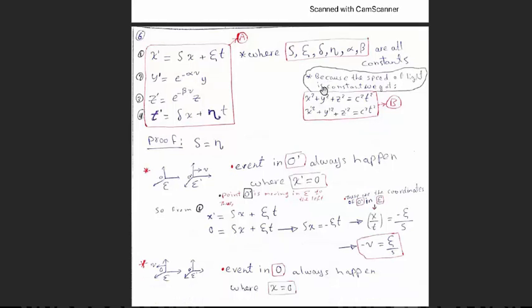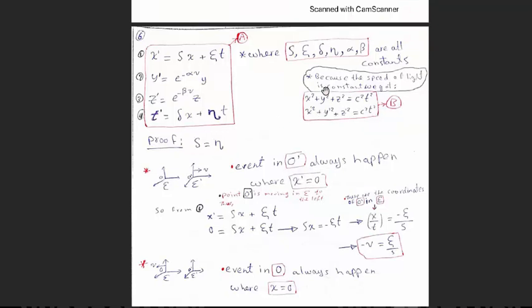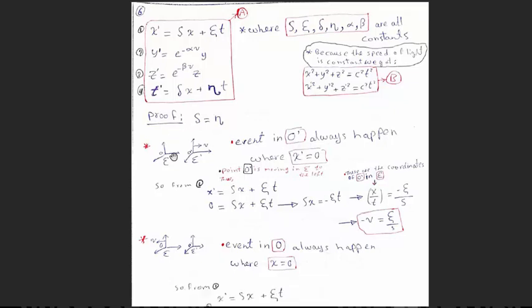This is what we got when the speed of light is constant. We got these equations before. So right now we will prove that s equals eta.